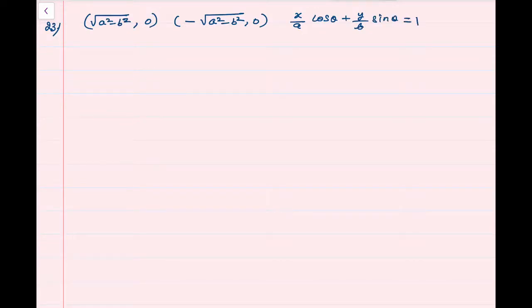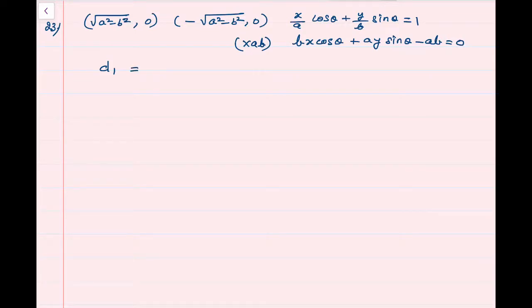We will write this equation of the line by multiplying it by ab. We get bx cos theta plus ay sin theta minus ab equal to 0. We will find the distance d1 from the first point to the line.